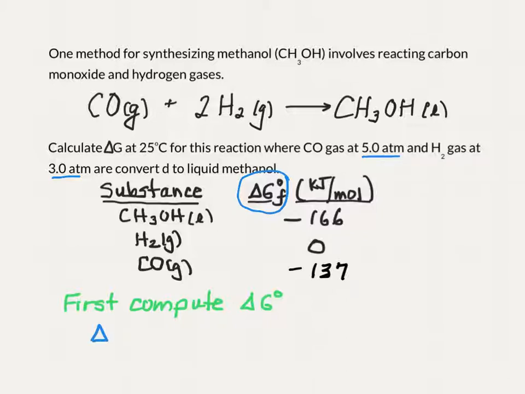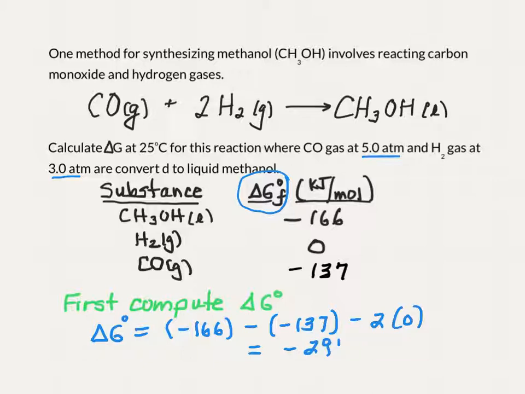So delta G0 is going to be the methanol, which is minus 166, okay, minus the value for CO, minus 137, minus 2 times hydrogen. So if you do all of this together, we're going to get a value of negative 29 kilojoules, or negative 29,000 joules.